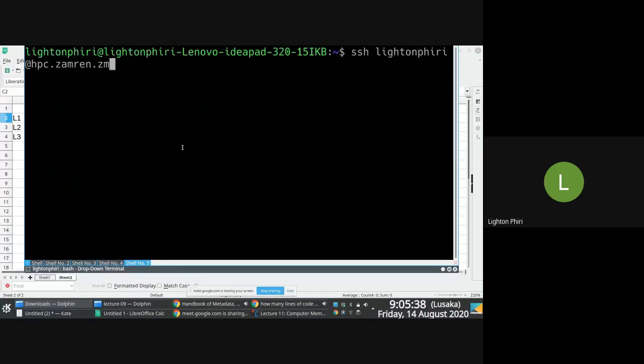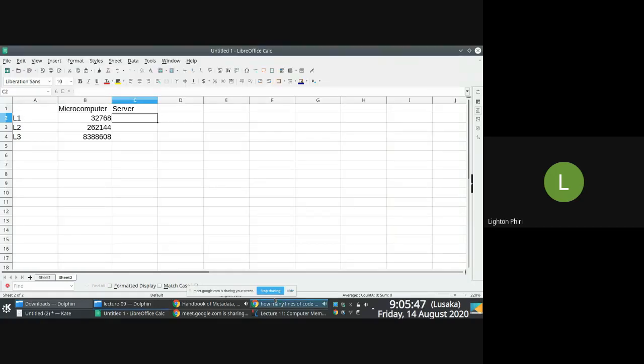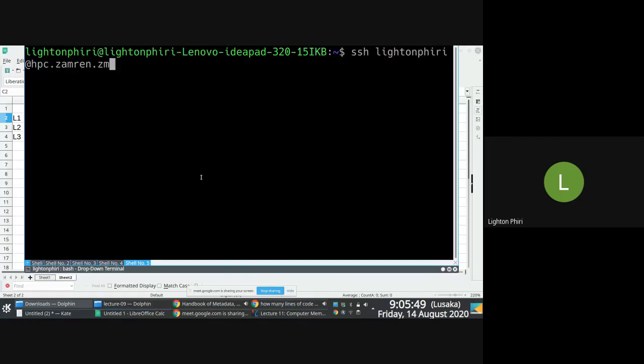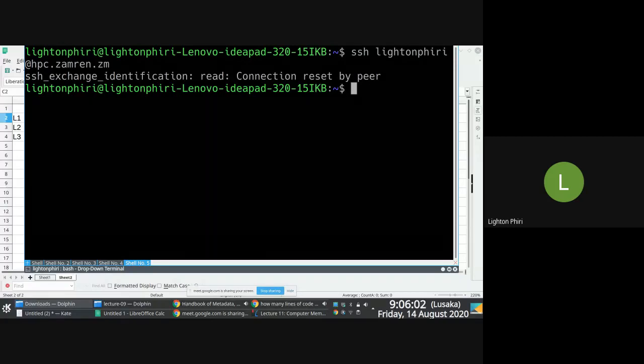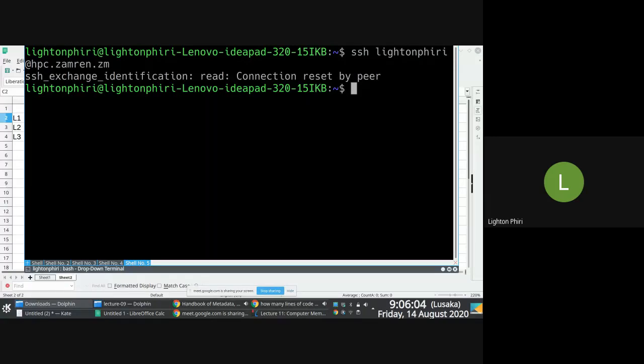So I was hoping maybe we could do a comparison with the HPC servers that I have access to at Zambia. Am I using the correct credentials here? I hope I am, but let me just check. I'm not even sure I'm using the correct server details, but maybe I am.